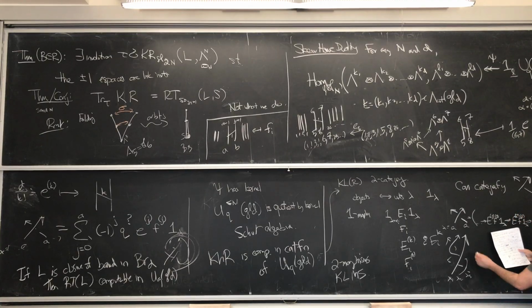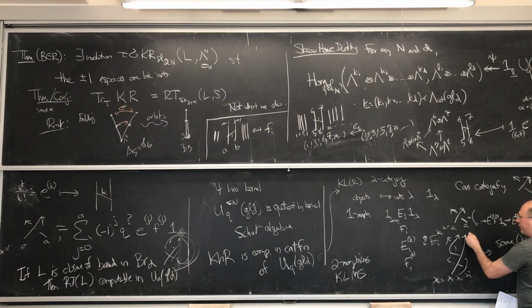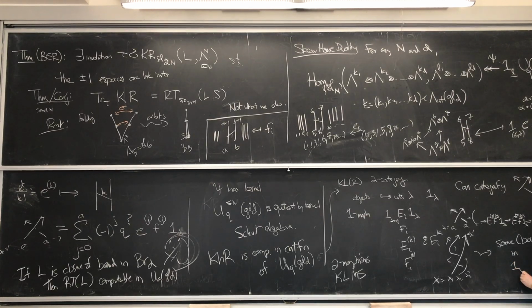What I have here is some bounded complex. Well, if this is lambda on the bottom, I've got some sort of lambda prime, which is a reordering of lambda on the top. And it's going to be some bounded complex which goes from lambda to lambda prime in this sort of Khovanov-Lauda categorification of gl_n. This is supposed to be some sort of curly U, which is the categorification. Okay.